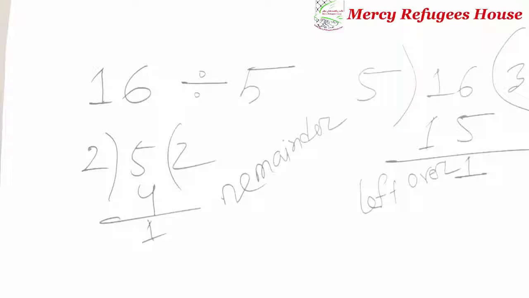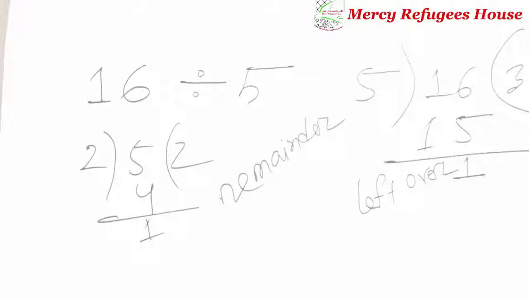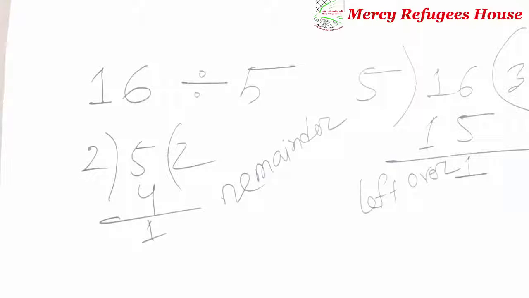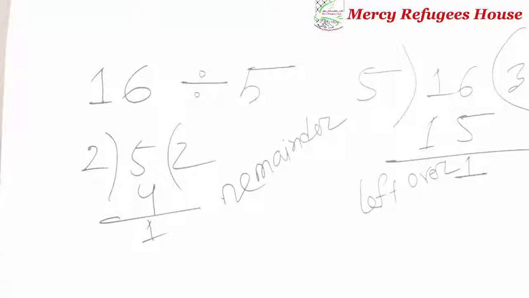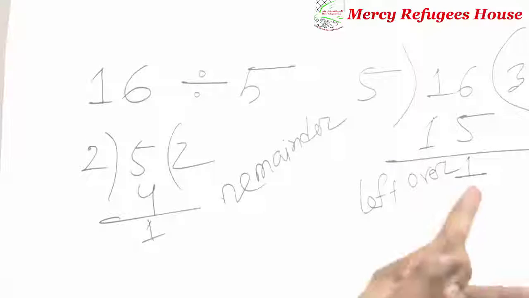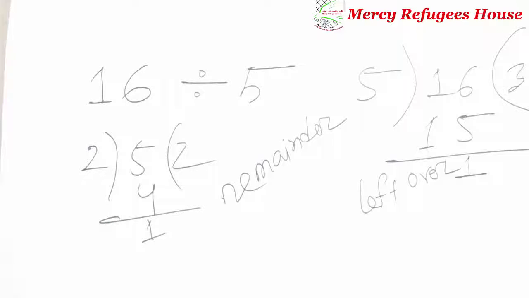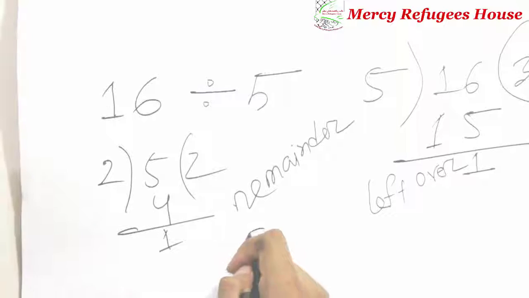Now the next one. If we do this one, 16 strawberries divided among 5 children, each student gets 3 strawberries and we have a leftover of 1 strawberry. Now look at the next one. 8 divides by 3.